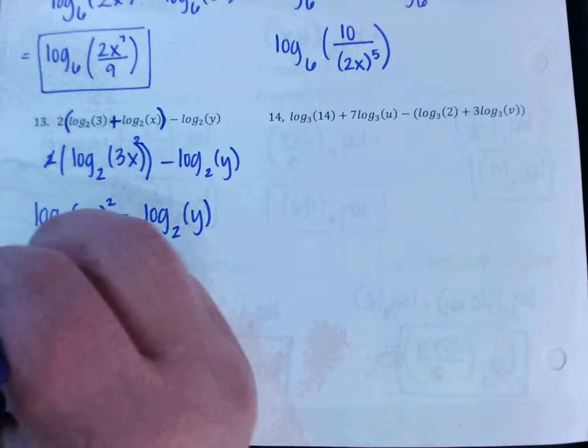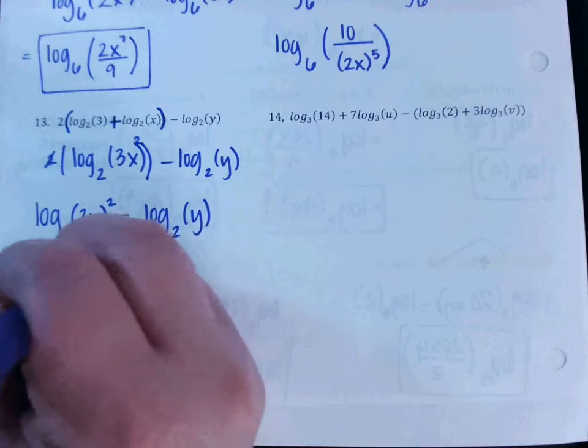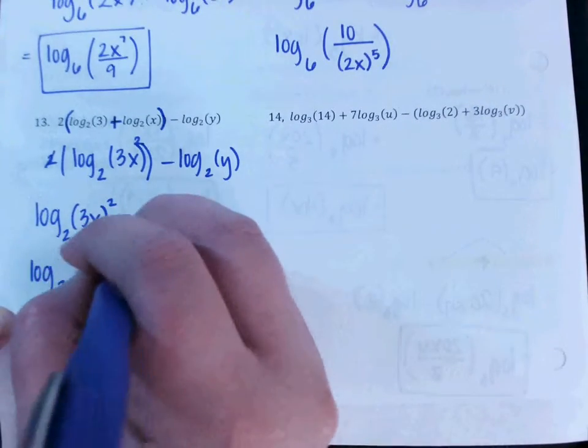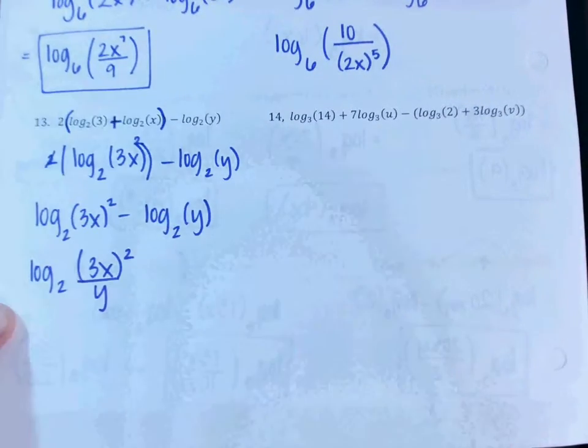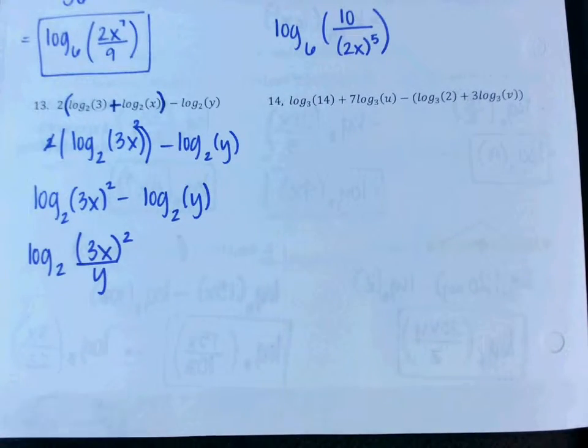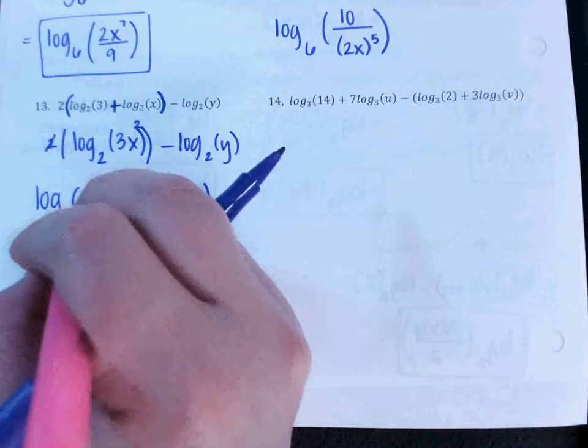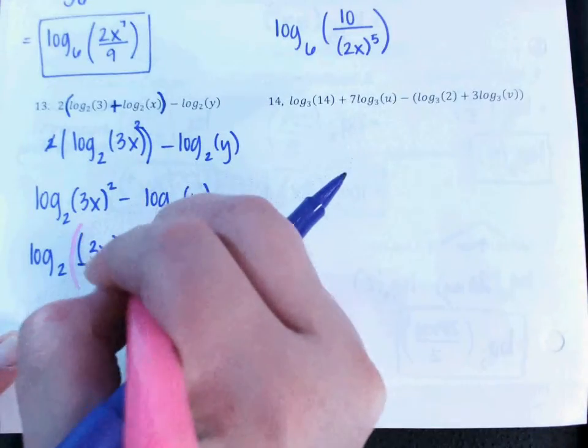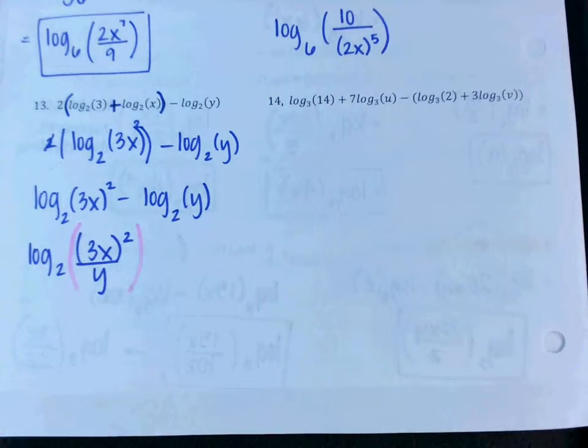Very good. So it'll be log little 2 of 3x squared over y. And then if you want to, really you should put an extra parentheses around all of that just to show that all of it's in the log. But if you don't put it, I won't take off, but just know you probably should. Okay?